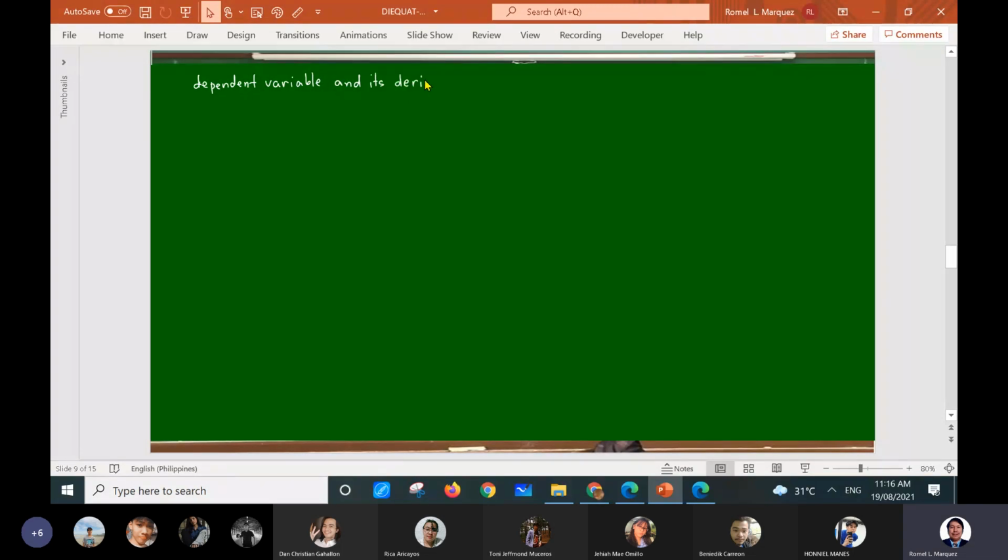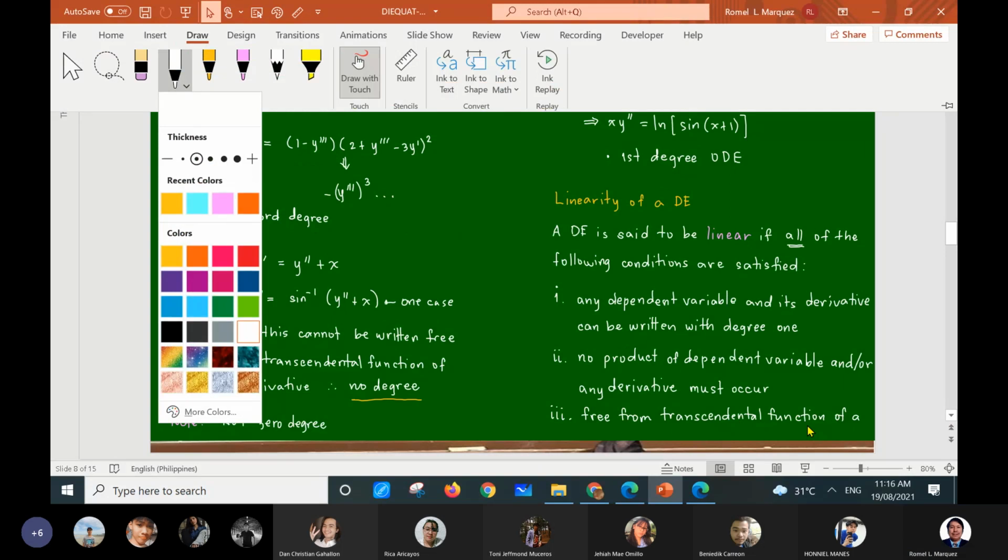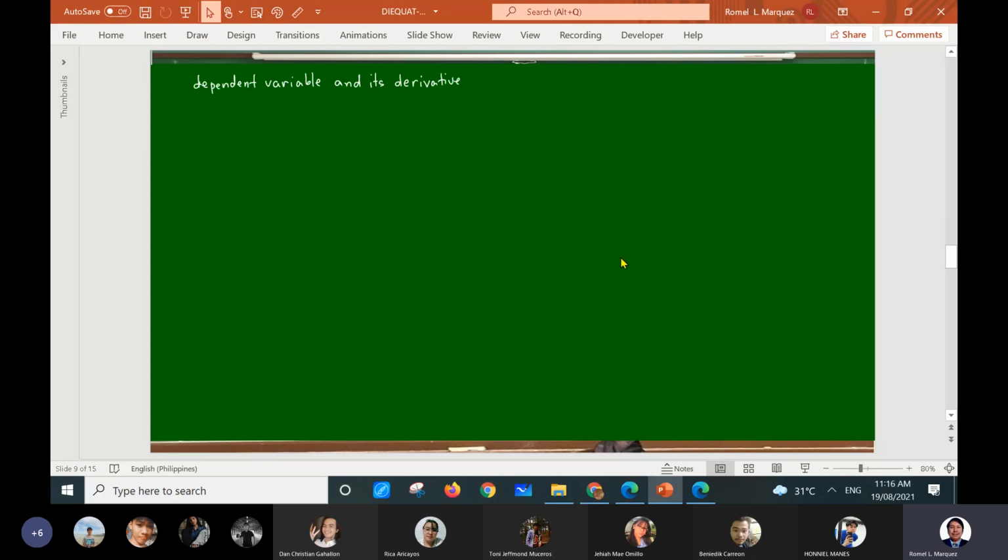So be careful, in our degree definition we consider only the derivative. But for linearity, we consider both the dependent variable and its derivative. No transcendental function of dependent and its derivative. Okay? Is that clear, guys? So we have here no transcendental functions of a dependent variable and its derivative.